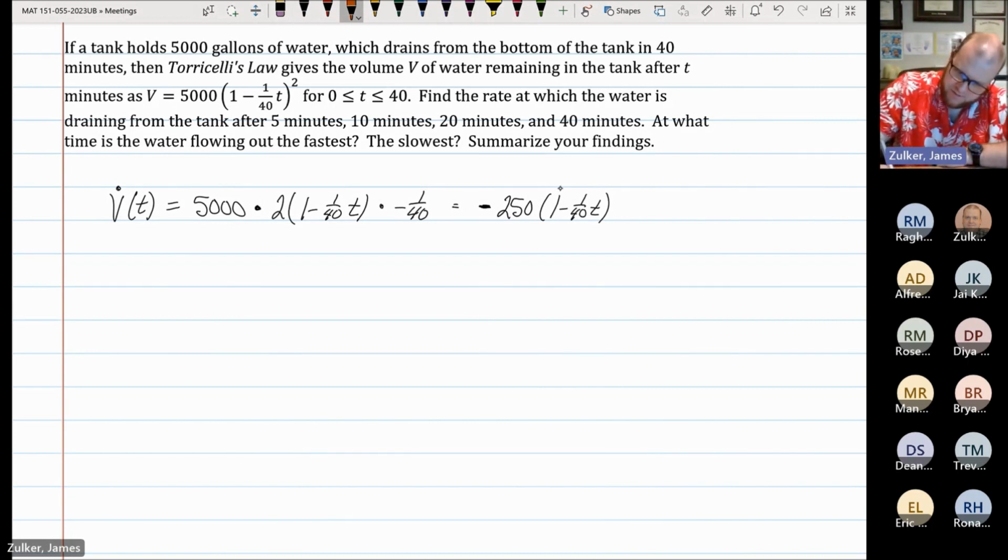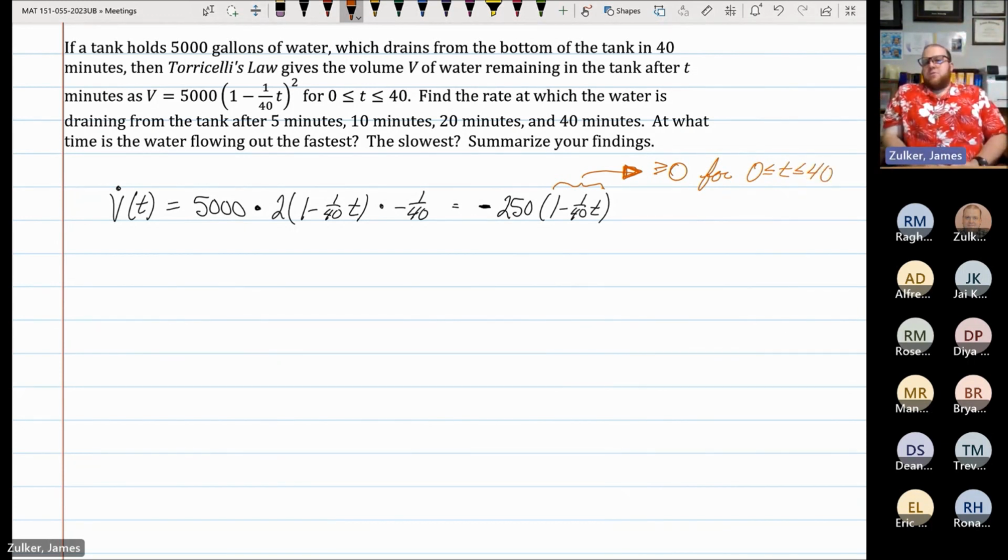As a note, that quantity is always non-negative in our domain, isn't it? Which means that this negative tells us that it's constantly draining, right?